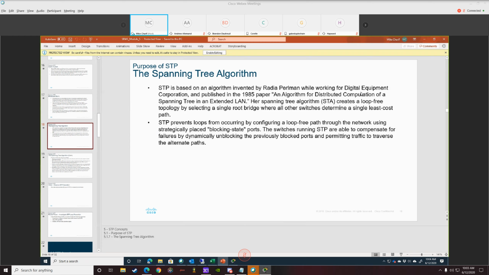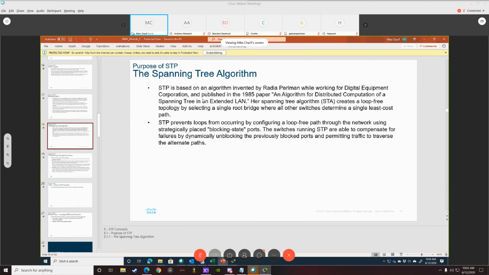They created a lot of standards a long time ago. Look, it was published in 1985, guys. This is when the algorithm was introduced: an algorithm for distributed computation of a spanning tree in an extended LAN.